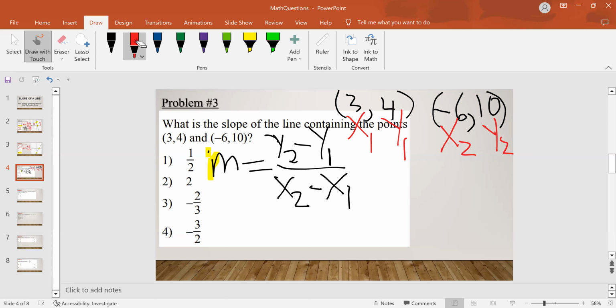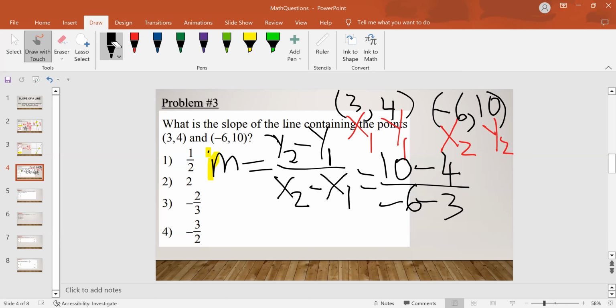Okay, the rest is just to plug in. Plugging in means we replace y2 by its value, which here is 10, minus y1. y1 is 4. Divided by x2. x2 here is negative 6, minus x1. x1 is 3.